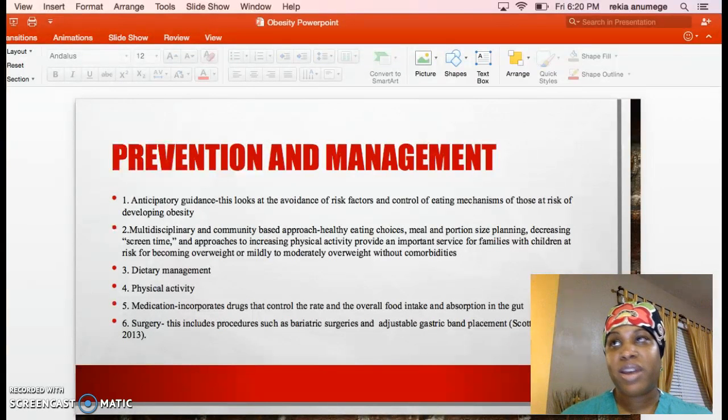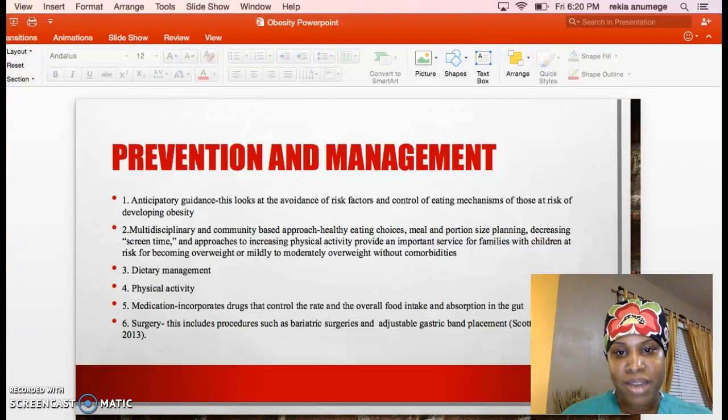Prevention and management. This is the main thing that we need to know. So let's look here. Anticipatory guidance. This looks at the avoidance of risk factors and controls the eating mechanisms of those at risk for developing obesity.